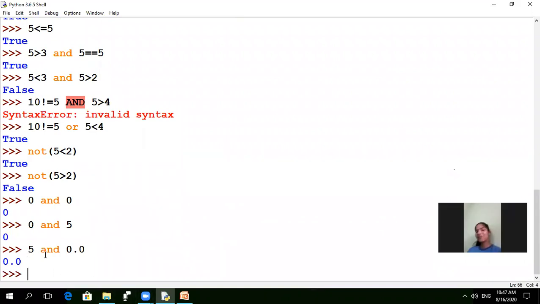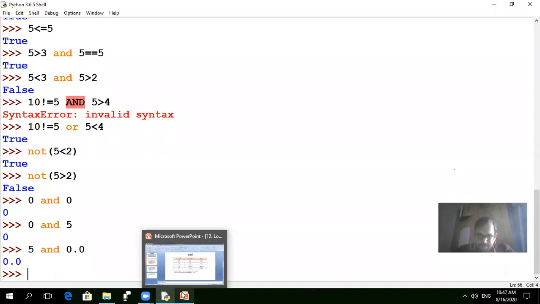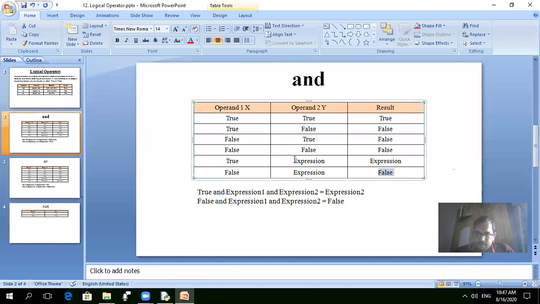No, 5 will not come. First, look here. If the first one is true and the second one is an expression, then the result is the expression. Okay?